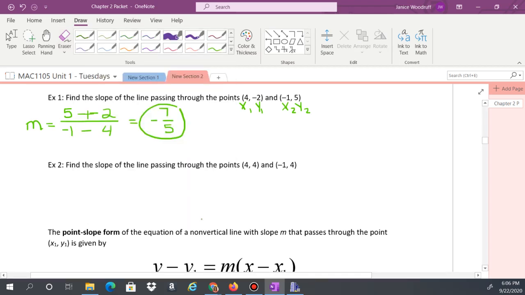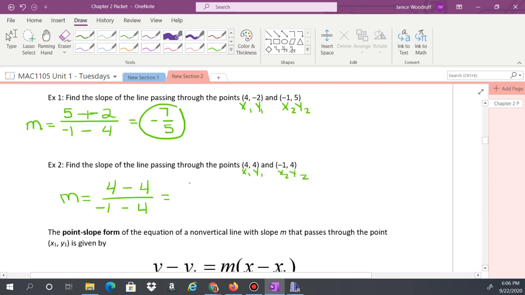Okay, let's take a look at example 2. Again, you have x1 and y1, x2 and y2. We'll say m equals y2, which is 4, minus y1, which is 4, then x2, negative 1, minus x1, 4.